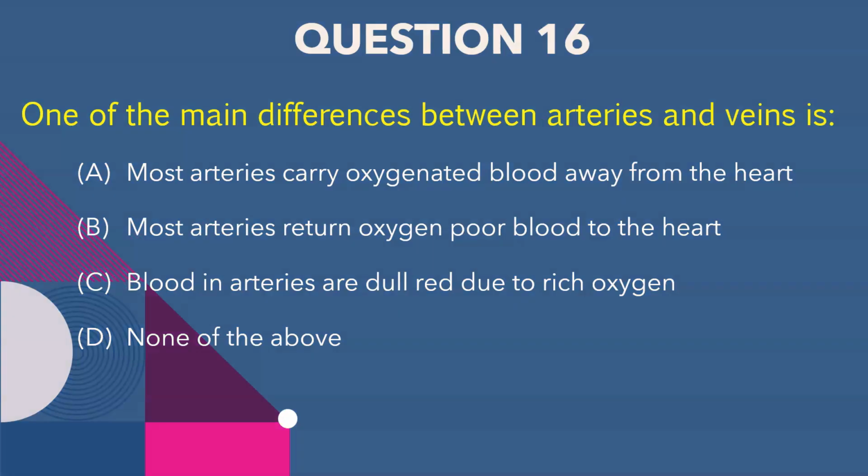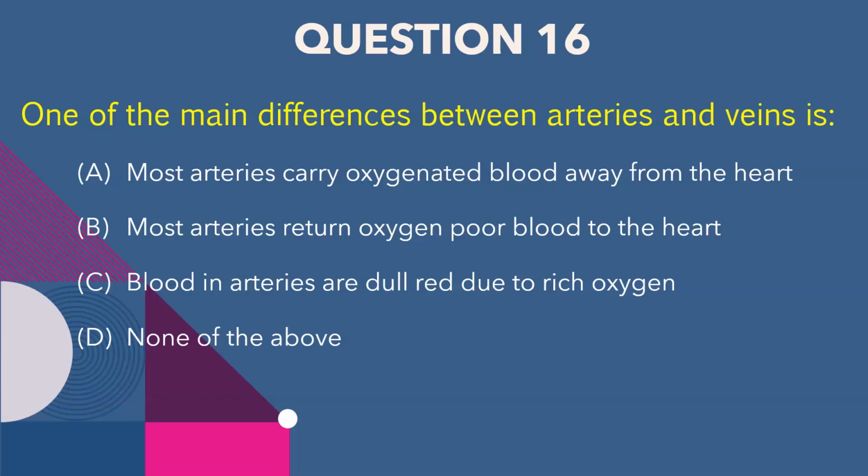One of the main differences between arteries and veins is A, most arteries carry oxygenated blood away from the heart. B, most arteries return oxygen-poor blood to the heart.